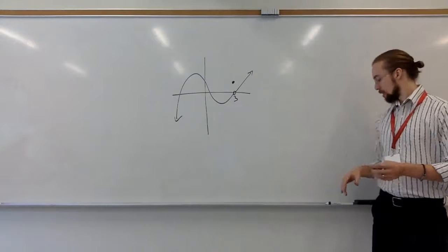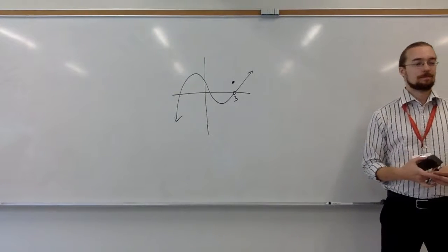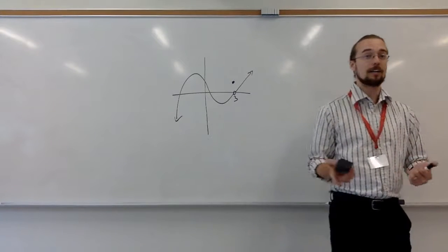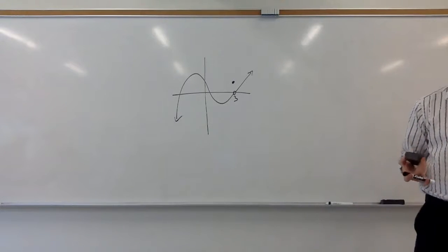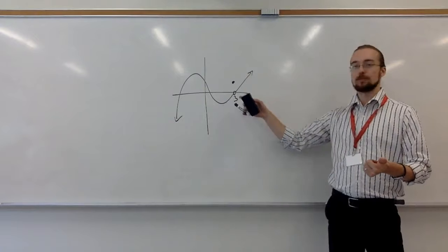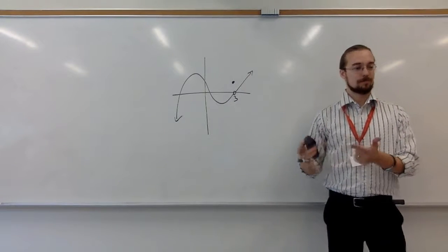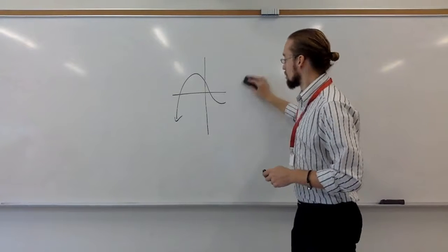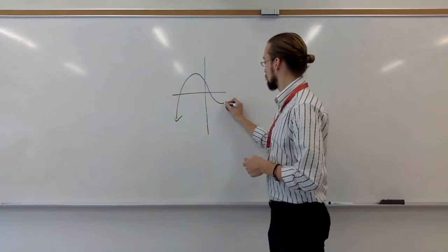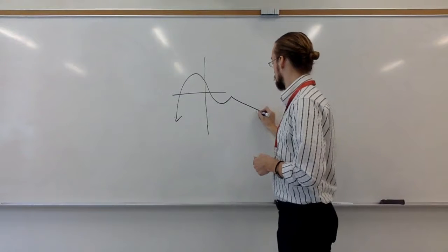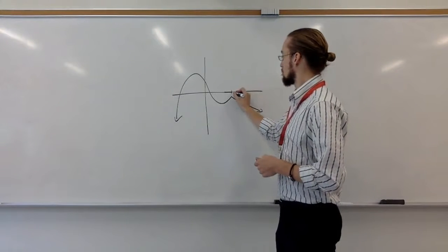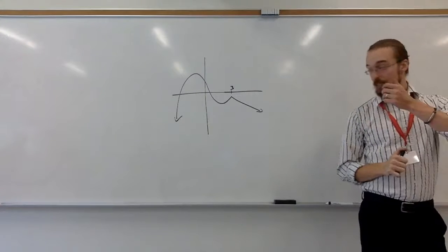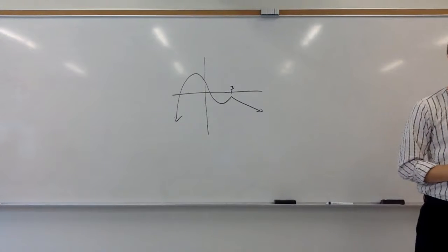Is it continuous? No, right? We just said it's discontinuous. There are questions on the homework like that that ask you, is it differentiable? No, it's discontinuous. Well, is it continuous? No, it's discontinuous. What about something like this? Again, say that's at x equals 3. So at x equals 3, is this function continuous?